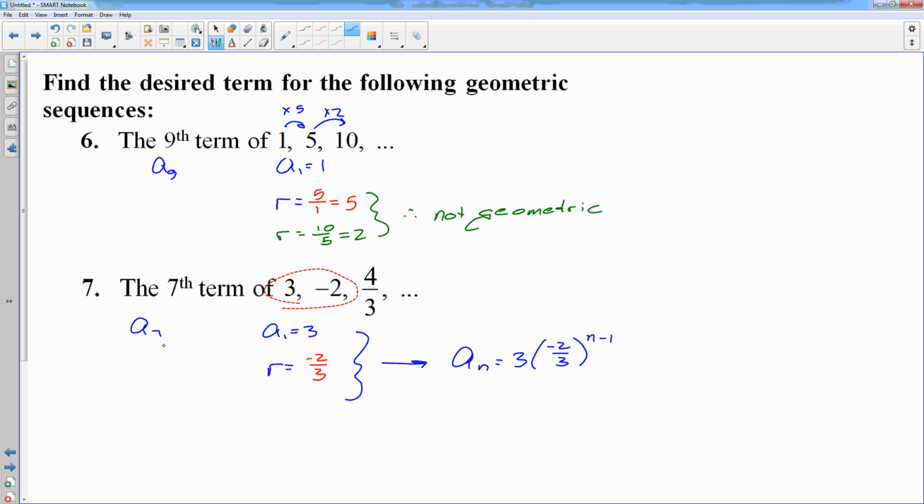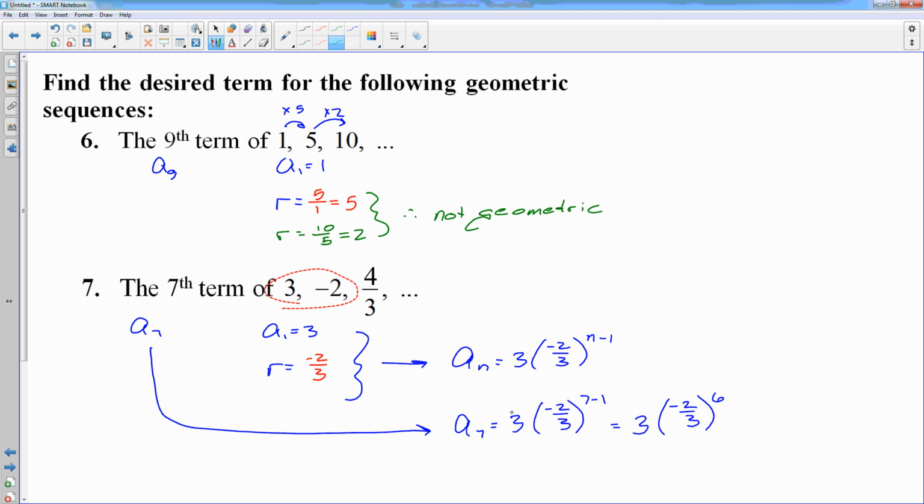And now that I have the nth term, I want to find the seventh term. So my seventh term is going to be 3 times -2/3 to the 7 minus 1 power. And I'm pretty good at math. I'm going to change that to -2/3 to the 6 power, because 7 minus 1 is 6.